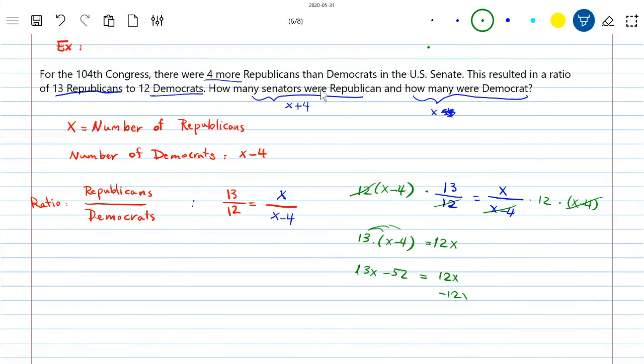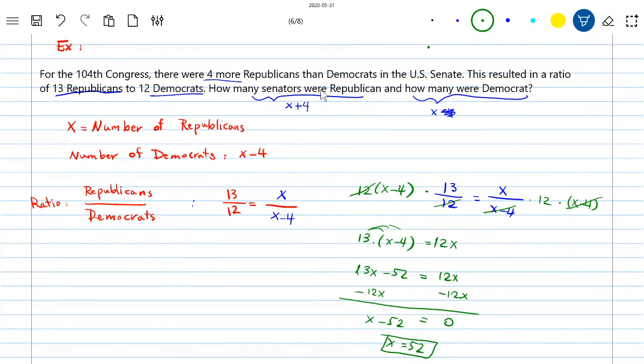I subtract the 12X from both sides. What we get is 0 equals X minus 52. And you can add 52 to both sides. We'll end up with X equals 52.